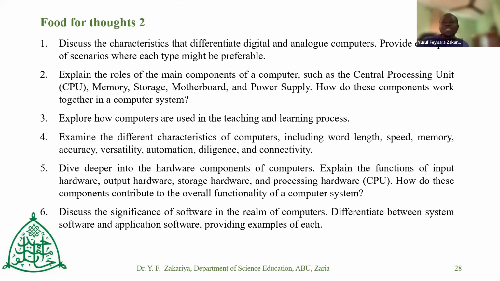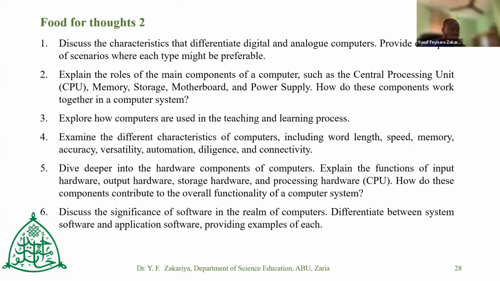How do these components contribute to the overall functionality of a computer system? Another part of the question. So when you see this question, you're having 3 sentences there. The first sentence is just an introduction to the question, nothing to do. While the second sentence is asking you of something, and the third sentence is asking you to do something.